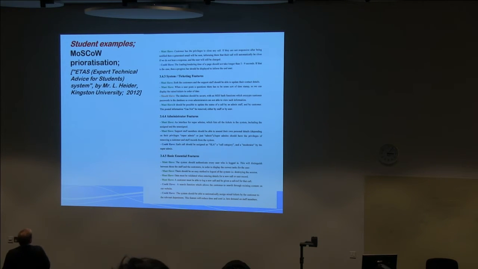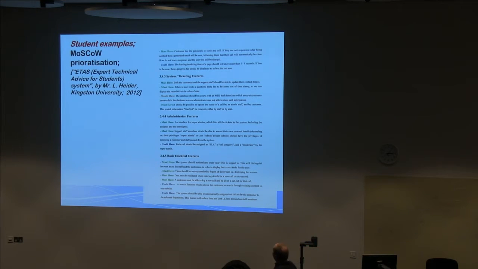Here is an example of some MoSCoW prioritisation. I'm seeing this for the first time myself, so let me digest quickly. Maybe in this document there was a preamble or a postscript explaining why these were important.